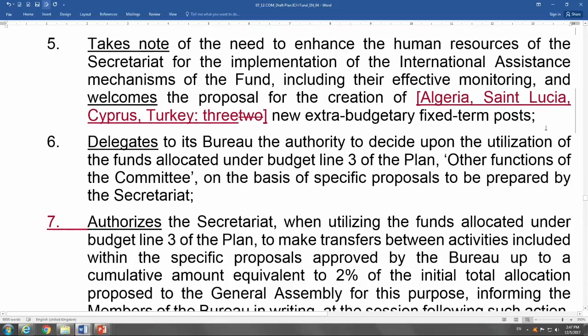Now let's go back to draft decision 12.COM, para 5. Can we see on screens? Para 5, taking note of the need to enhance the resources of the Secretariat to tackle the currently underused mechanisms of international assistance and welcoming the proposal for the creation of now 3 new extrabudgetary fixed-term posts. Are there any objections? Adopted.